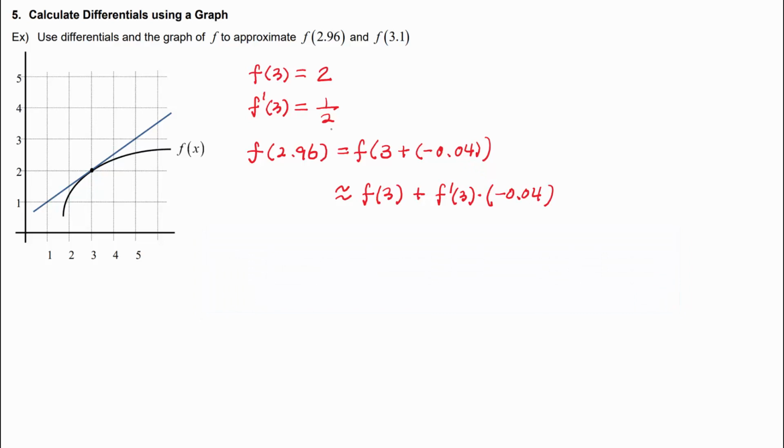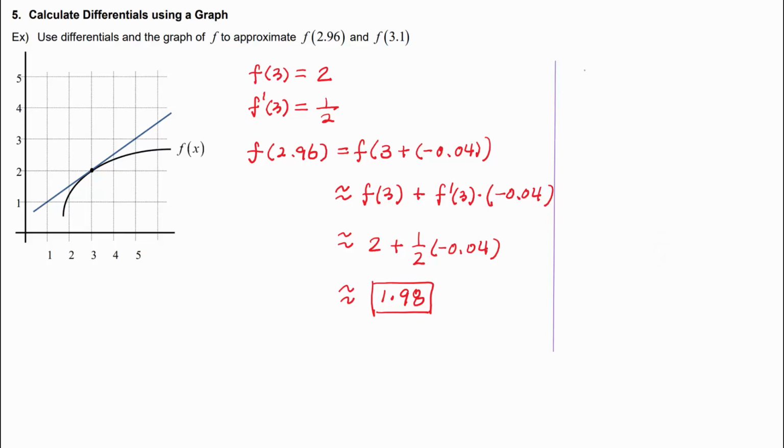Now use all the values we already calculated. f of 3 is 2 plus f prime of 3, which is 1/2, times negative 0.04. You get 1.98. Pretty easy now, right?